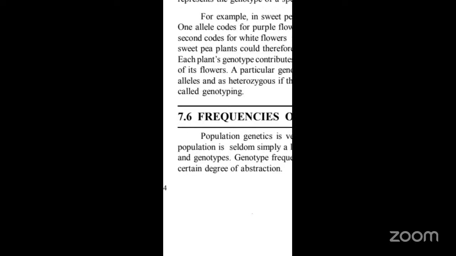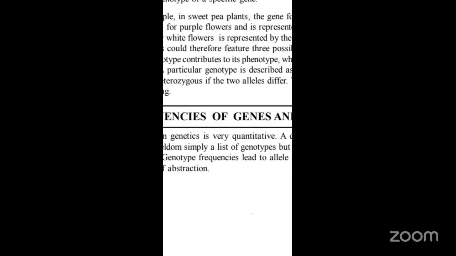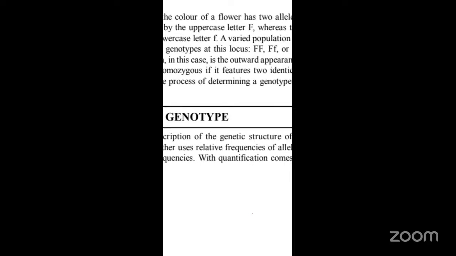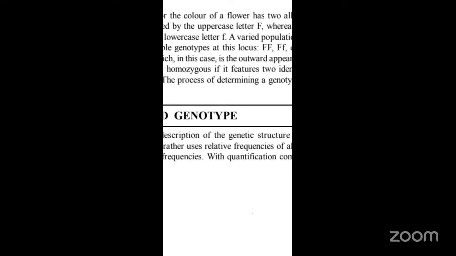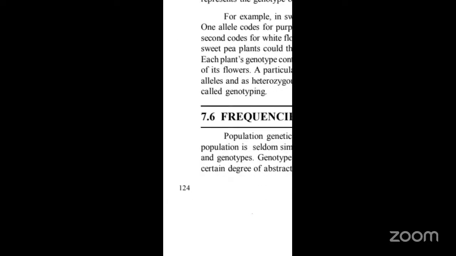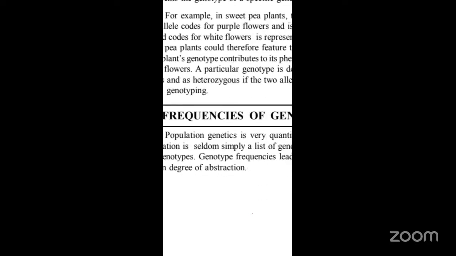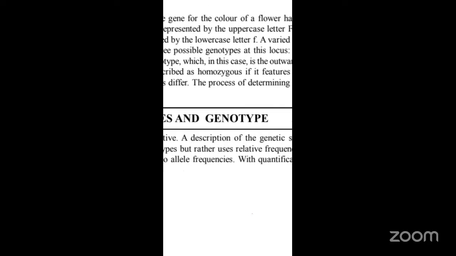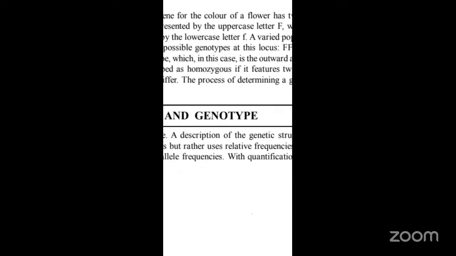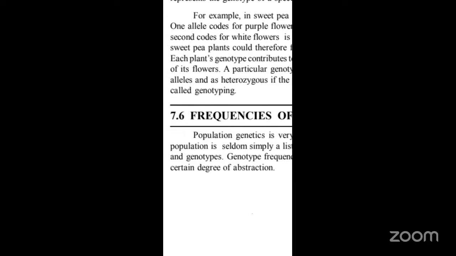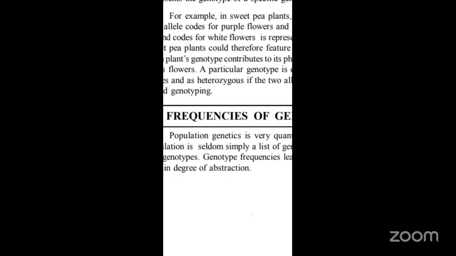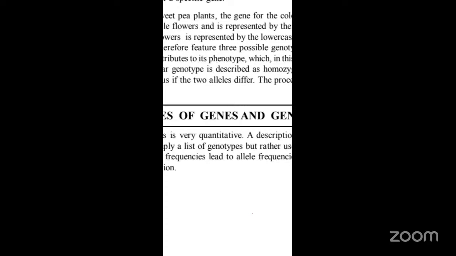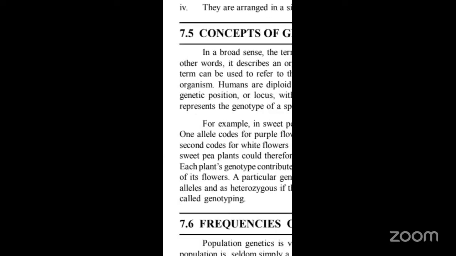Each plant's genotype contributes to its phenotype, in this case the outward appearance of its flowers. A particular genotype is described as homozygous if it features two identical alleles and as heterozygous if the two alleles are different. The process of determining genotype is called genotyping.